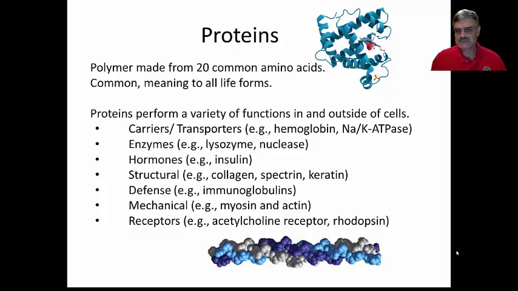Now, proteins perform a variety of functions inside and outside of cells, whereas DNA is the information molecule or the blueprint molecule. It is a blueprint molecule for the production of proteins, and it's actually the proteins that are the worker bees. Or they're the little machines that carry out a variety of functions needed for life.